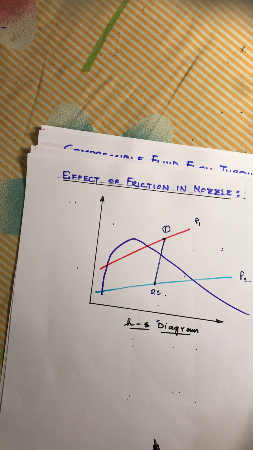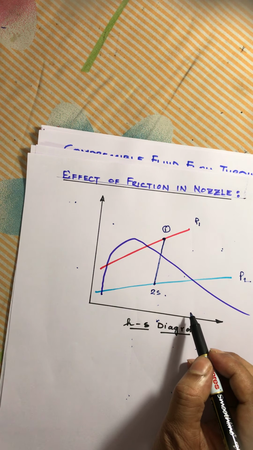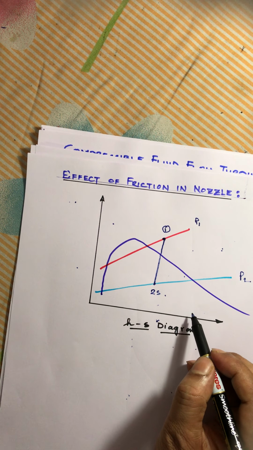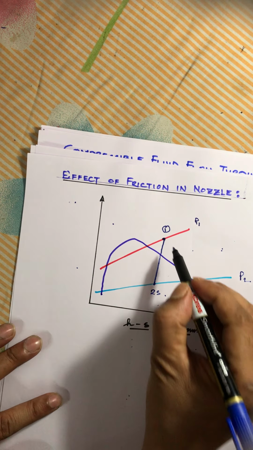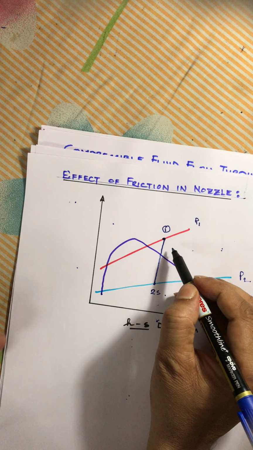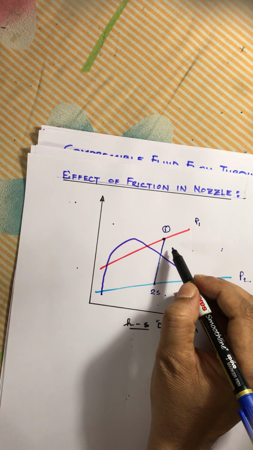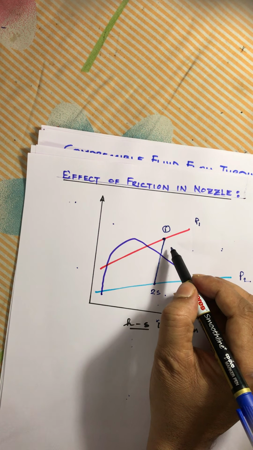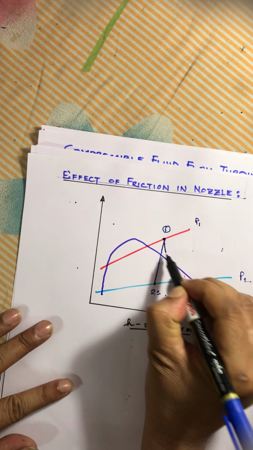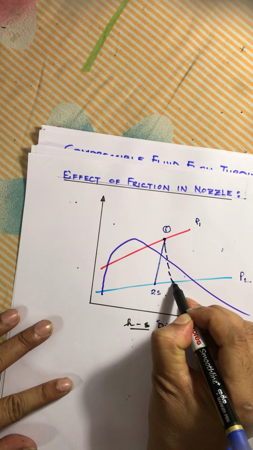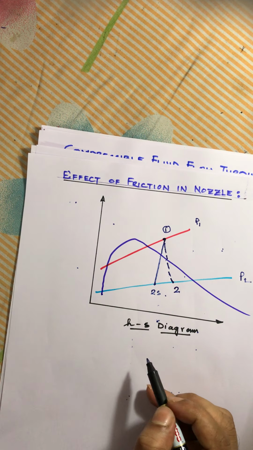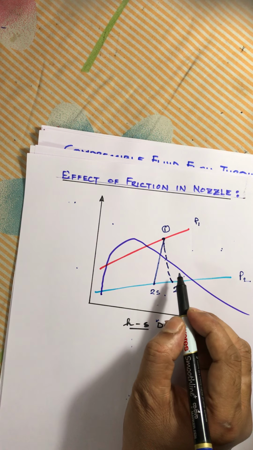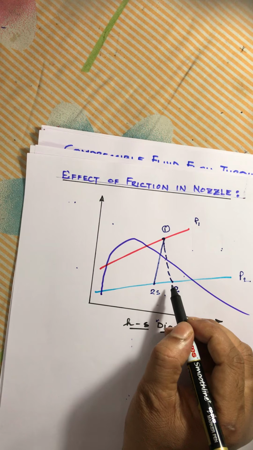If friction is taken into consideration, the heat produced during the flow of steam due to the friction is added to the steam. That is why the enthalpy drop will decrease compared with the adiabatic case, and the line will follow 1 to 2, and due to the lower enthalpy drop the kinetic energy or velocity will decrease.